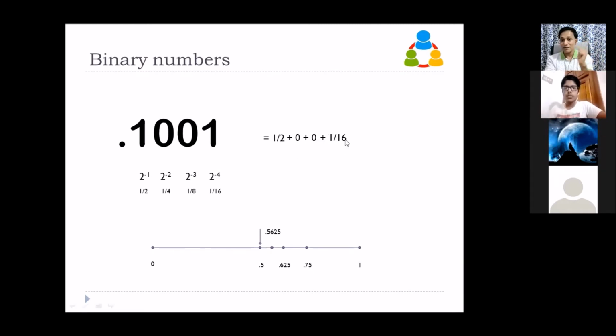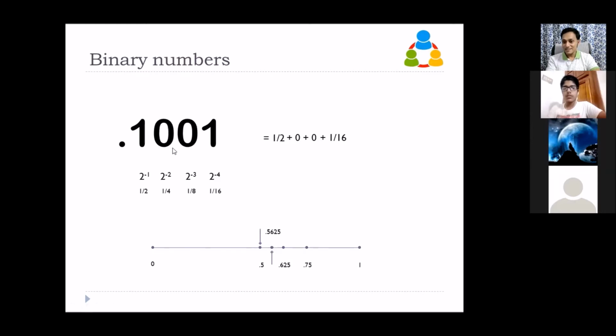This is plus 1 by 16. That means this value is between 0.5625 and 0.625. If this was 0, it would still have been here. Now as this is 1, our value shifts to this point.